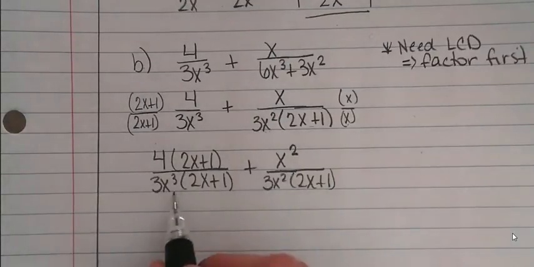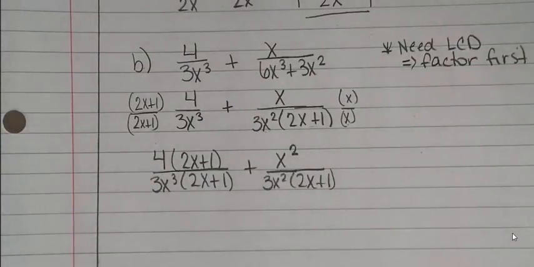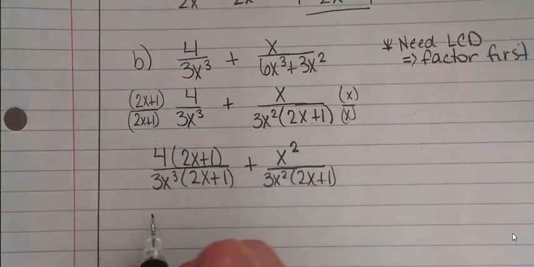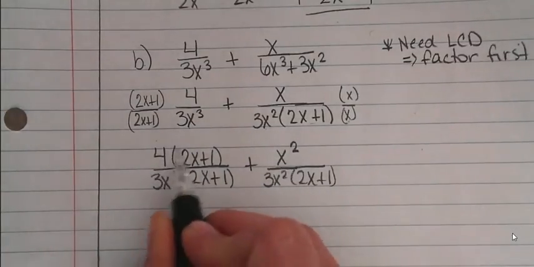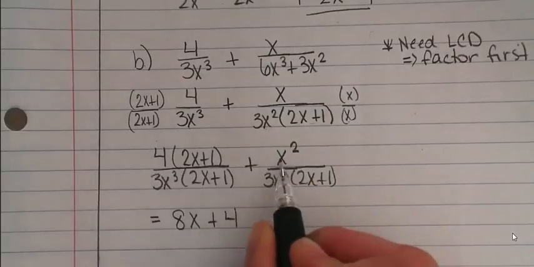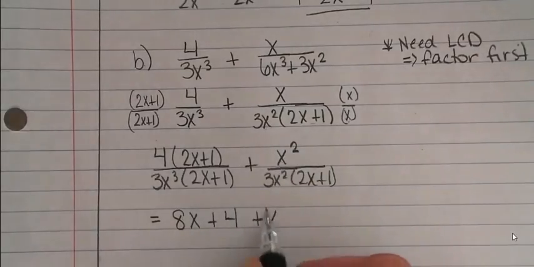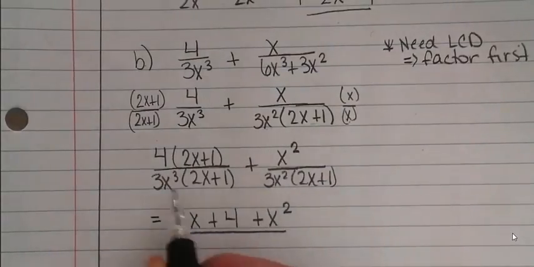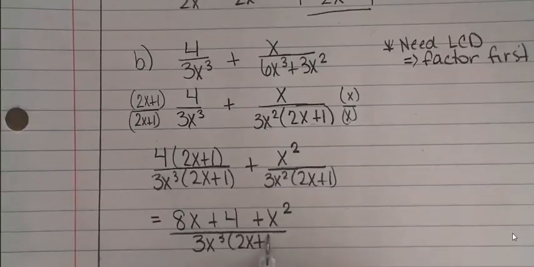So I'm going to leave the denominator completely factored. It's as factored as it's going to get. So I'm going to leave that completely factored. Okay. All right. So on here I'm going to have 8x plus 4 plus x squared all over my denominator, which is 3x cubed times 2x plus 1.